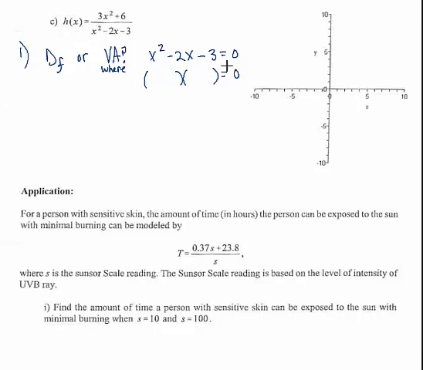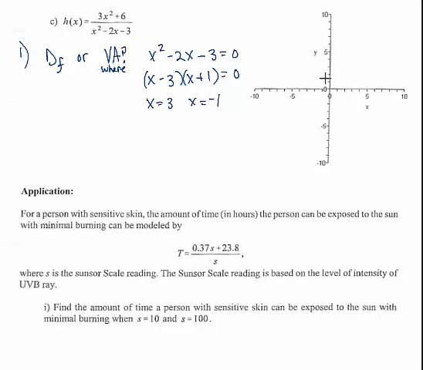Take the denominator, set it equal to 0. We can factor this one: x minus 3, x plus 1. That gives us -1 and 3.